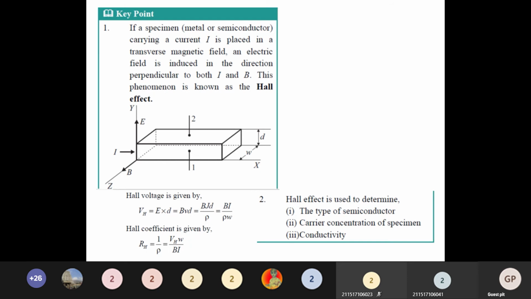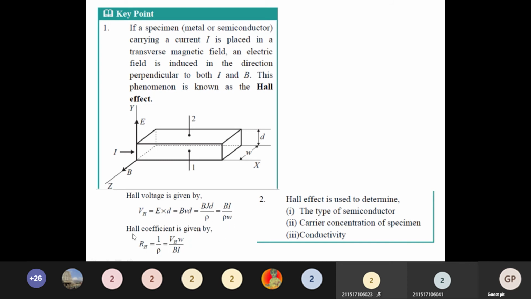Under this, Hall voltage VH is equal to E into d, which is also equal to B v d. So based on these parameters, they may ask questions.